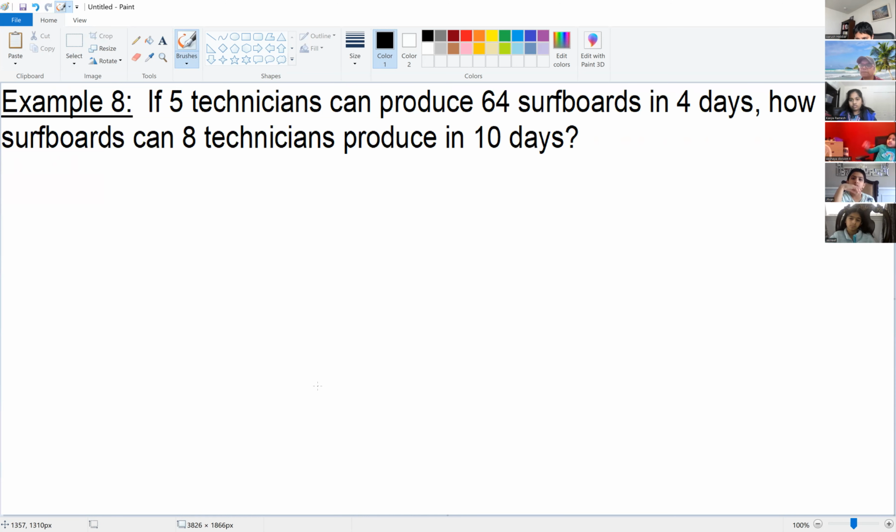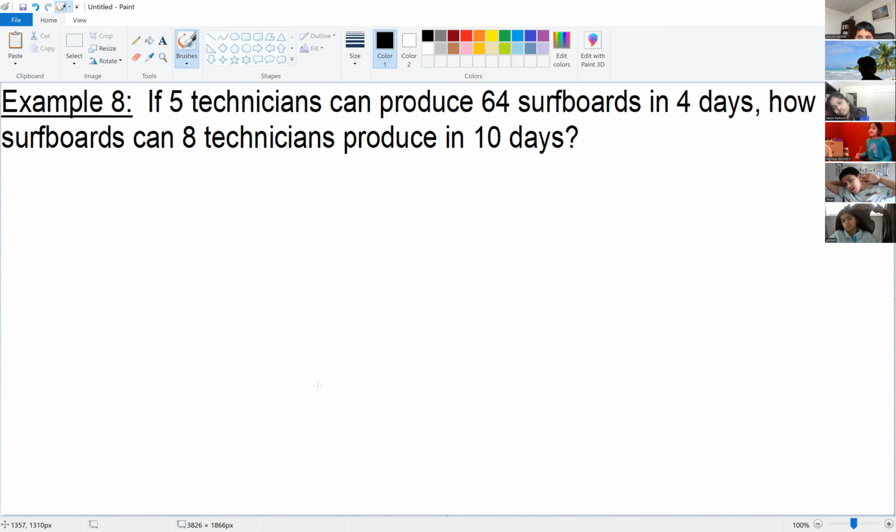Akshaya. So if 5 technicians can do 64 surfboards in 4 days, in 10 days they can make... But remember, it's 10 days and also 8 technicians. So both numbers are changing.